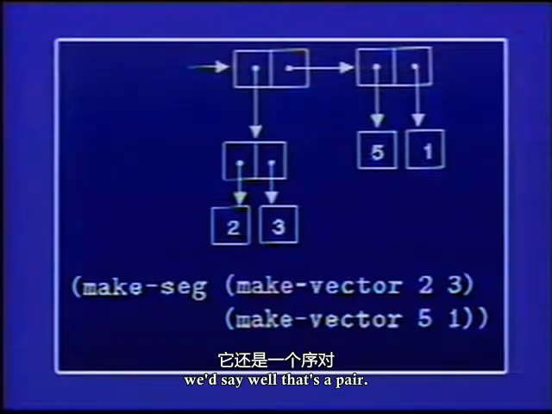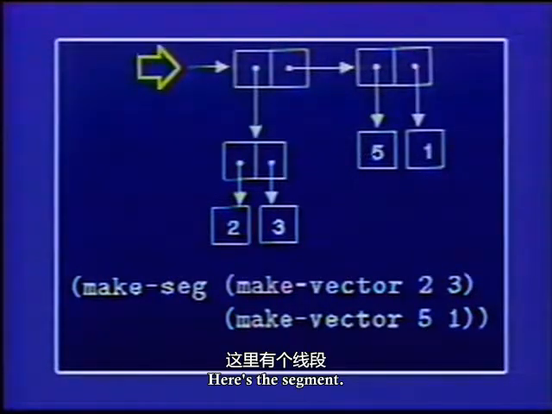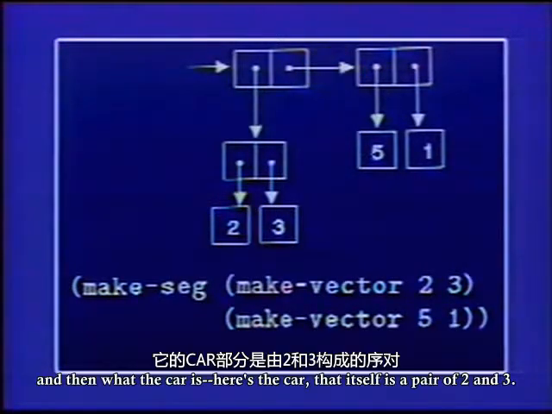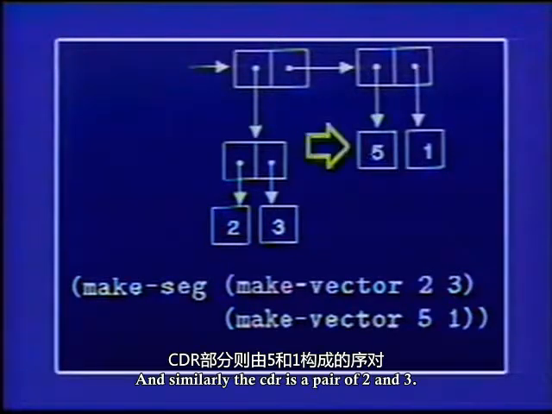We'd say, well, that's a pair. Here's the segment. Its car pointer is a pair. And its cdr is also a pair. And then what the car is, here's the car, that itself is a pair of 2 and 3. And similarly, the cdr is a pair of 5 and 1.